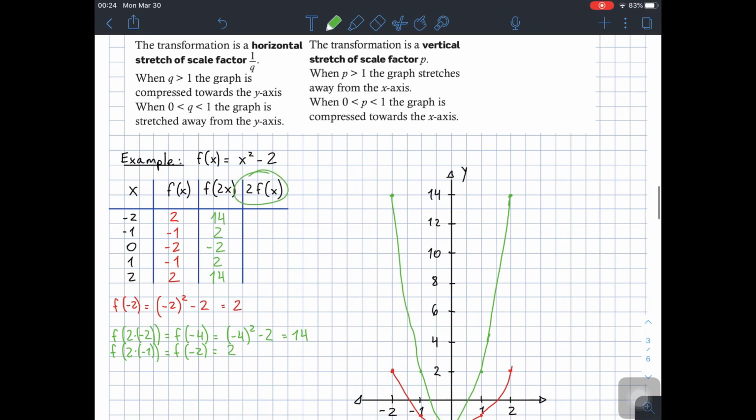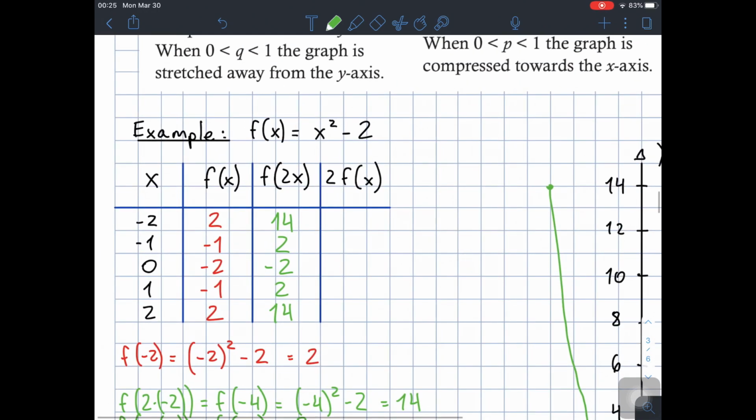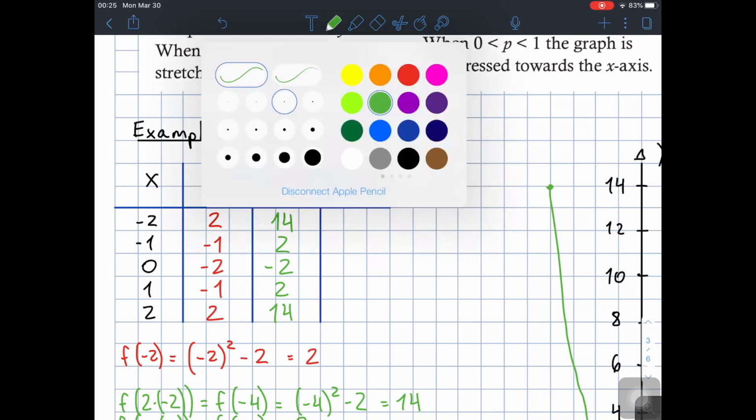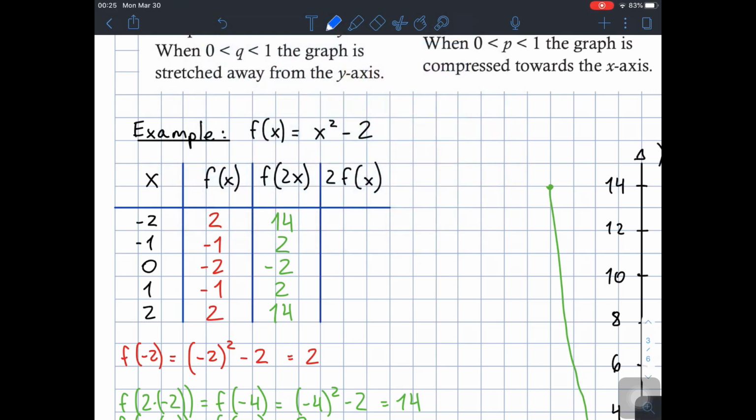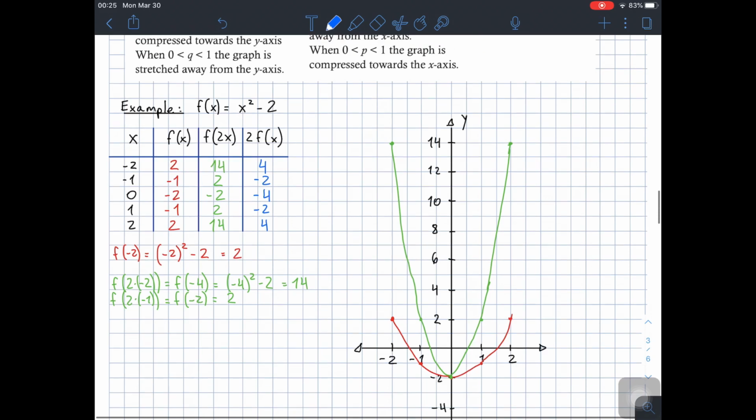And then to calculate 2f of x, what do we need to do? It's just multiplying these values of f of x we got here times 2, okay? So we're going to do this using blue. So this would be 4, double this would be -2, then -4, -2, and 4. Now we're going to plug in these values.